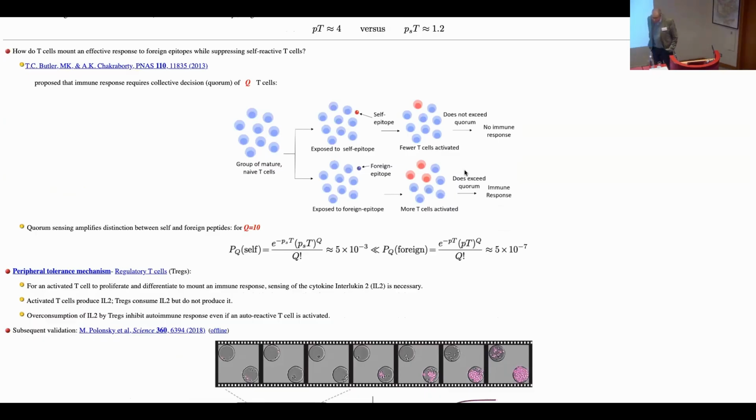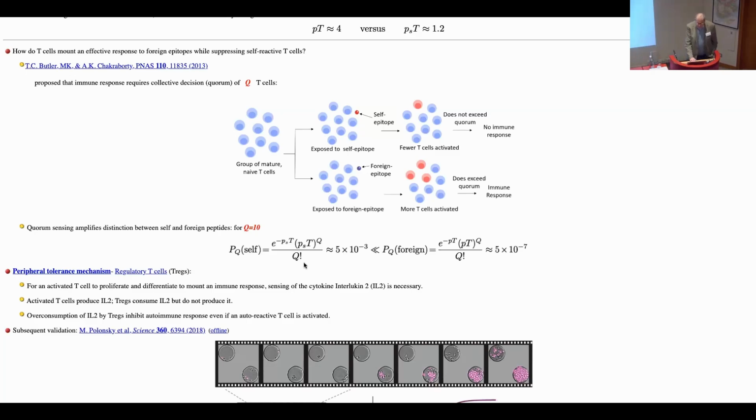So we proposed in around 2013 that really the decision that we are looking at a self or foreign peptide cannot be done by a single cell. So what we propose is that there is some kind of a quorum sensing mechanism going on. That is, the immune system responds not because one T cell has recognized the pathogen, but some combination Q of them have recognized the pathogen, so that essentially requiring that Q things have responded changes the probabilities.